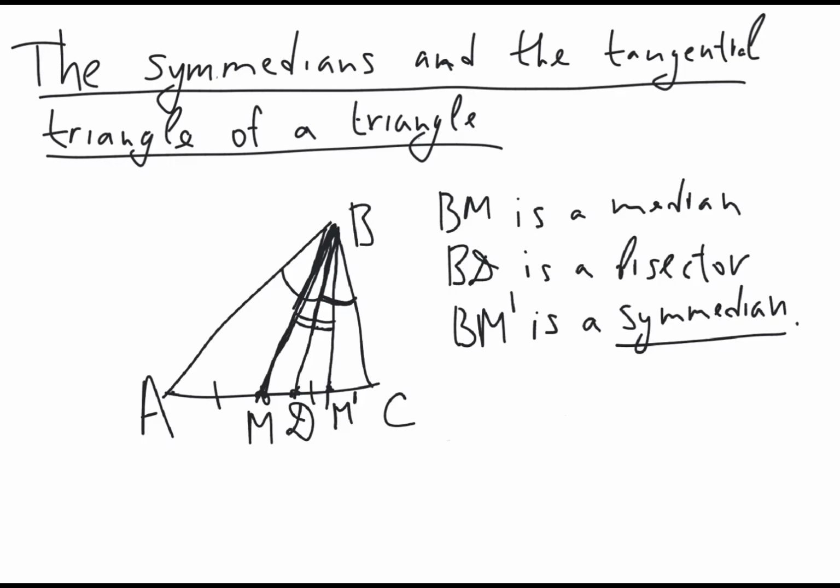Okay, so this is the definition. This line BM prime is symmetrical to the median BM with respect to the bisector BD.